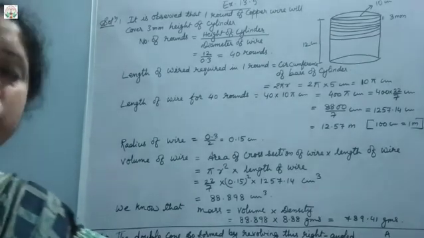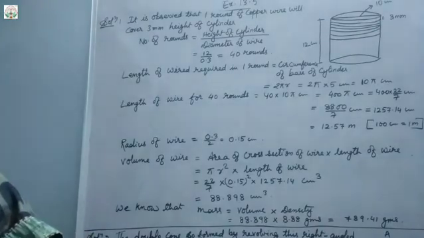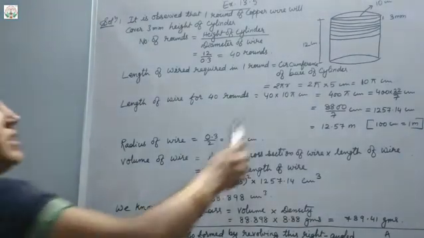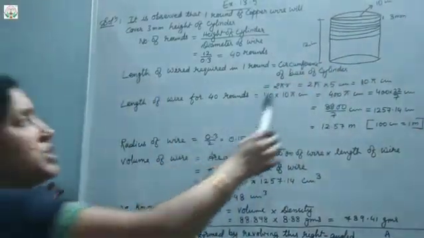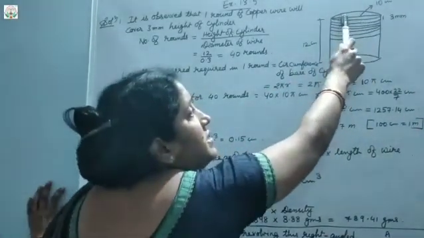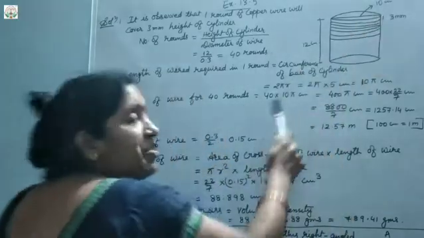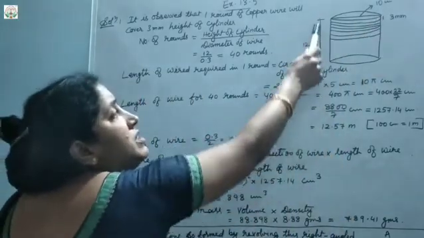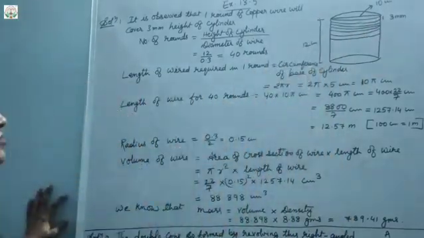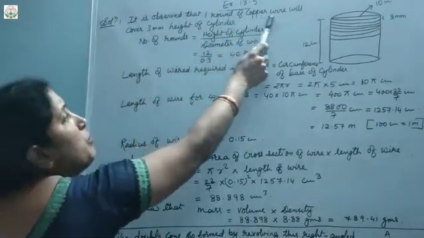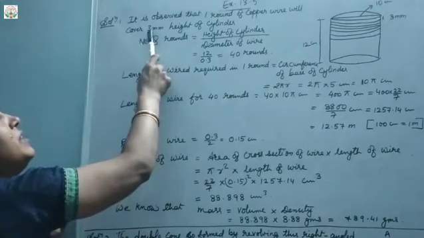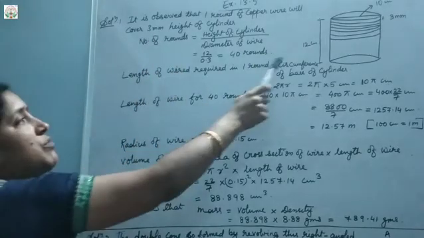Now let us have the solution for it. The cylindrical container is there, whose diameter is given as 10 cm and the height of the cylinder is 12 cm. It is observed that one round of copper wire covers 3 mm.